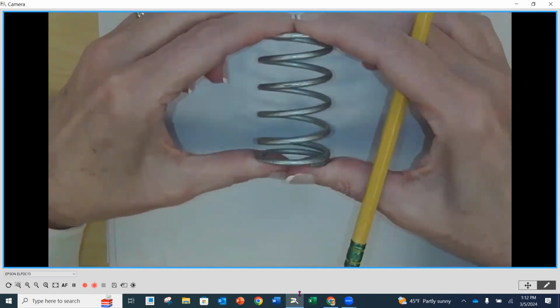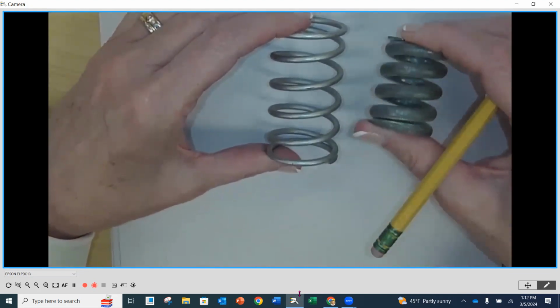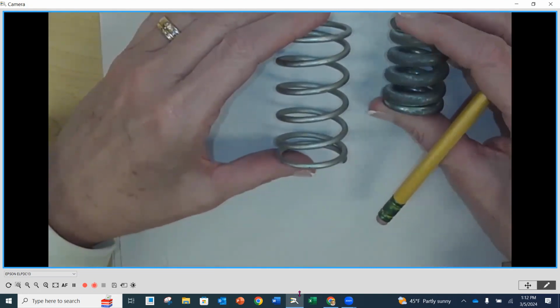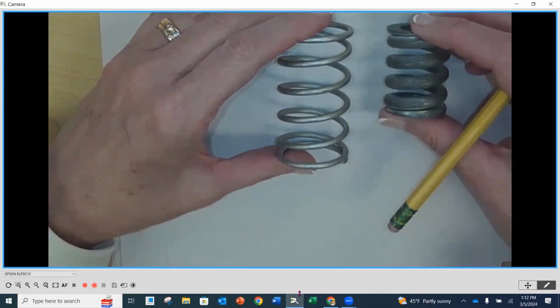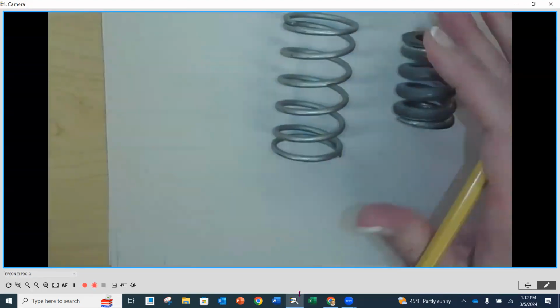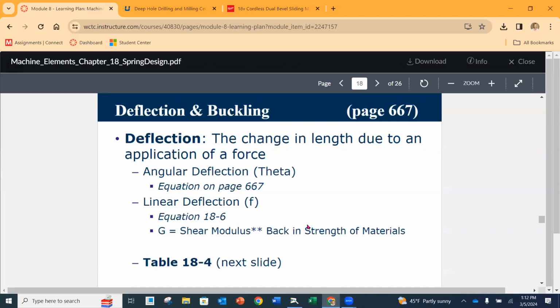If I try to deflect this spring, this one's going nowhere under my own force. That wire diameter is way thicker, much stiffer spring than this one. So that wire diameter plays into that, which I think is pretty standard and makes sense.